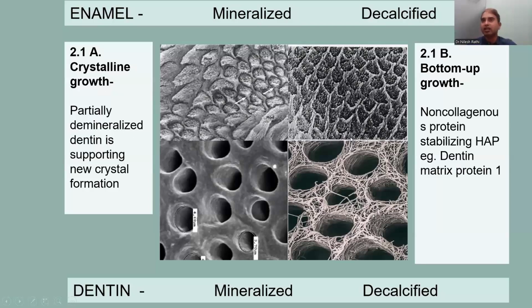The other category suggests when there is extensive demineralization. So extensive demineralization means that there is significant amount of loss of inorganic structure, that is calcium and phosphorus, and along with that there is destruction of the organic matrix also.